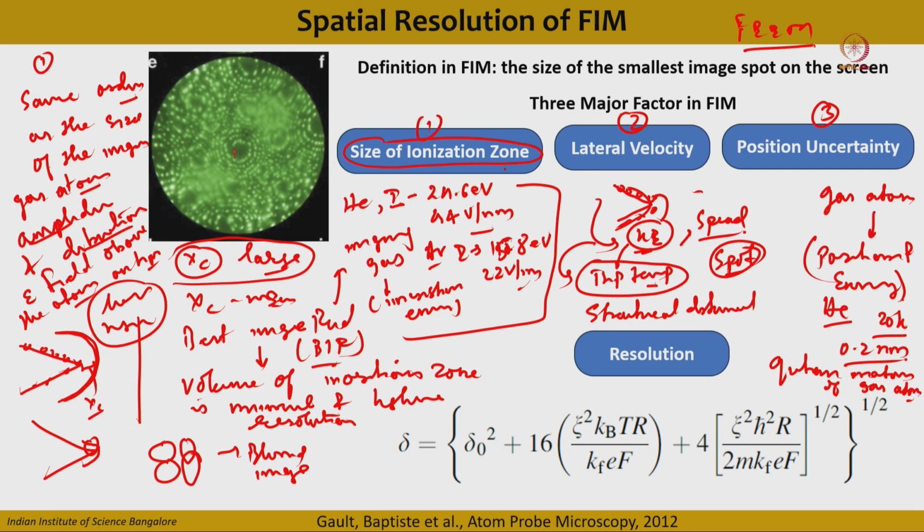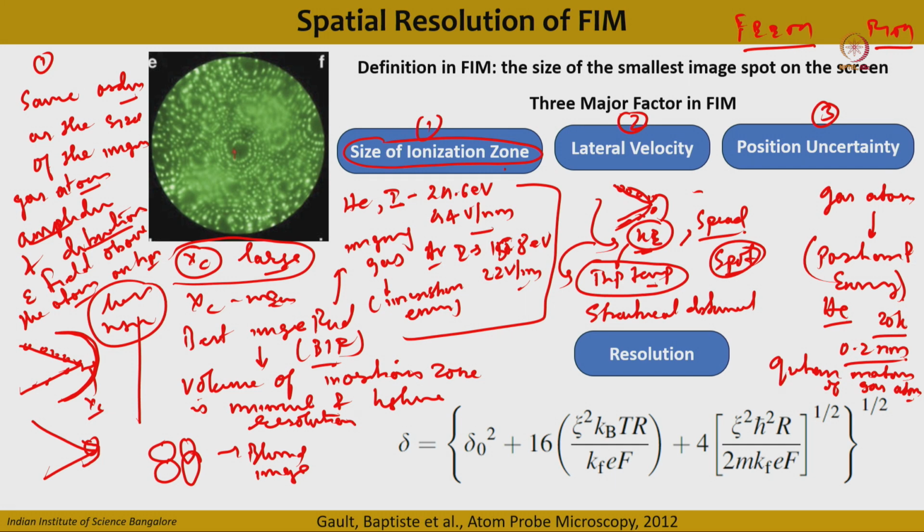Okay, so what is FEM? So I must remind you that this is the first microscope which was built by Mueller, where he used electrons for imaging. Now you can see that in FIM, we are using ions for imaging to see the image on the phosphor screen. So ions are much heavier, electrons are much lighter. So what will happen?